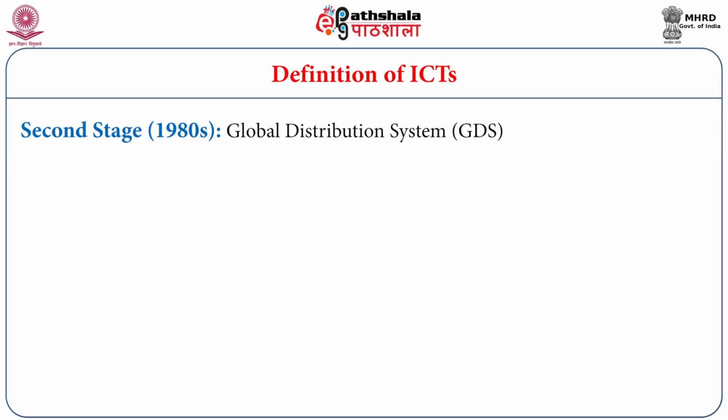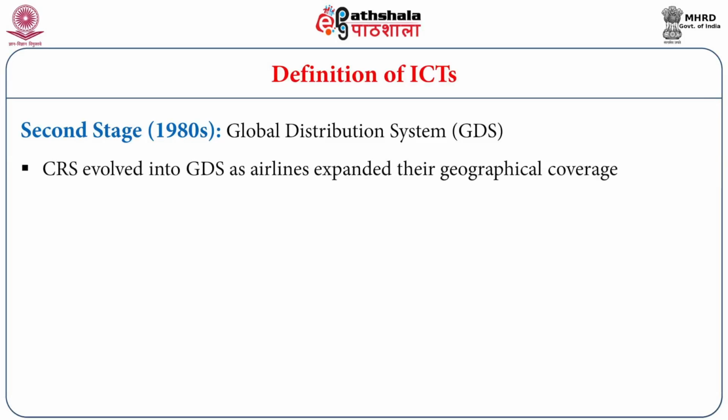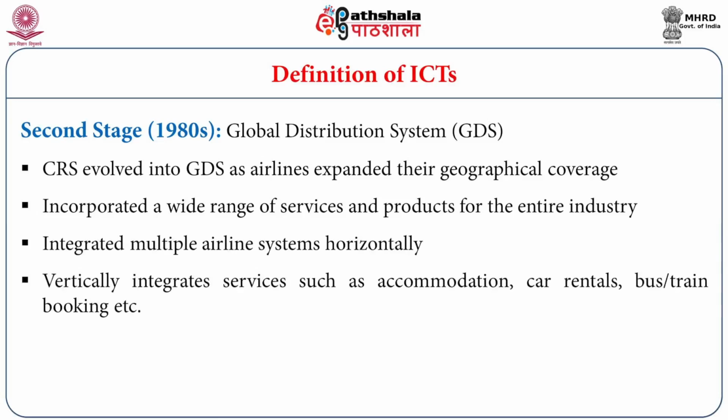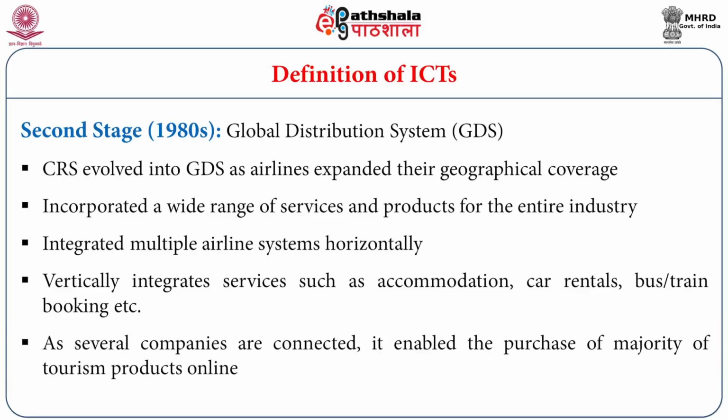Next came the second stage, which is also called Global Distribution Systems, popularly known as GDS. It happened during the 1980s. Actually, CRS evolved into GDS as airlines expanded their geographical coverage, incorporated a wide range of services and products for the entire industry, integrated multiple airline systems horizontally, and vertically integrated services such as accommodation, car rentals, bus, train booking, etc. As several companies are connected, it enabled the purchase of the majority of tourism products online.